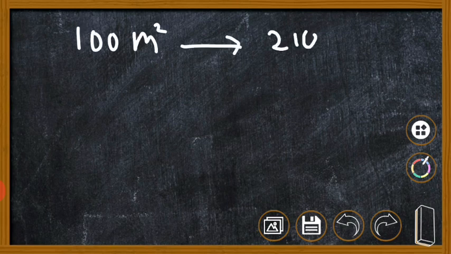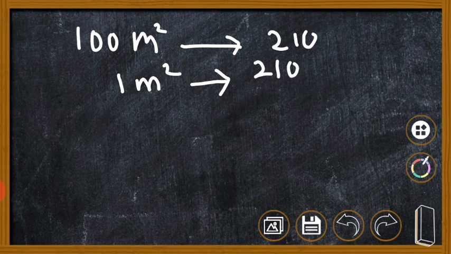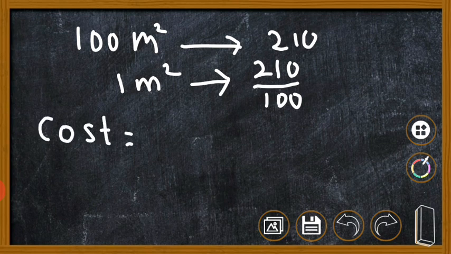But it is given that for 100 meter square, the cost is 210. So what is for 1 meter square? For 1 meter square what will be the cost? 210 by 100. That much amount is required. And in this case our area is 550 meter square.